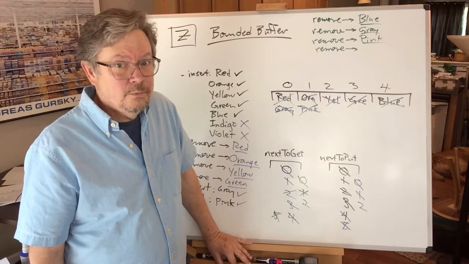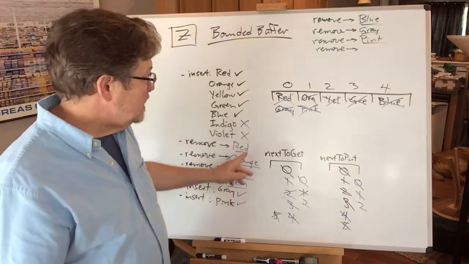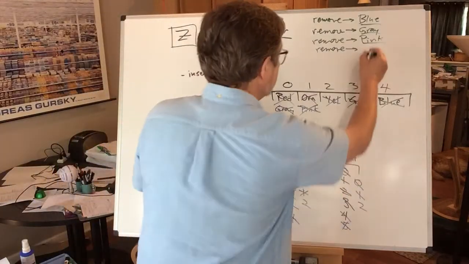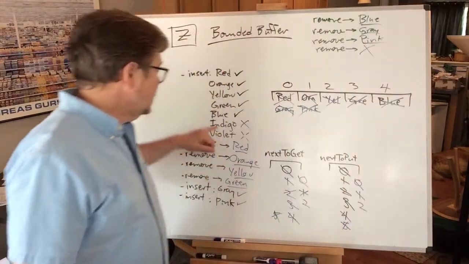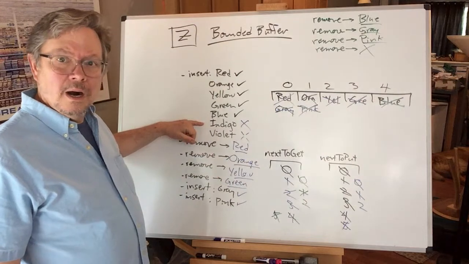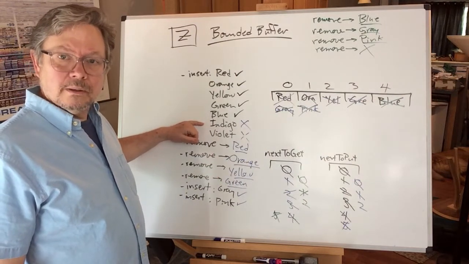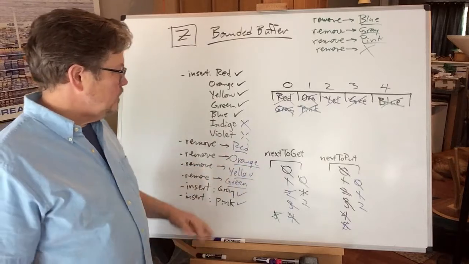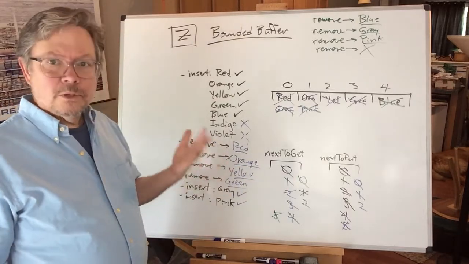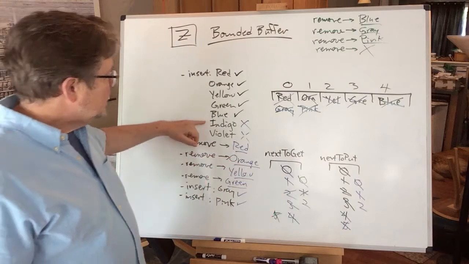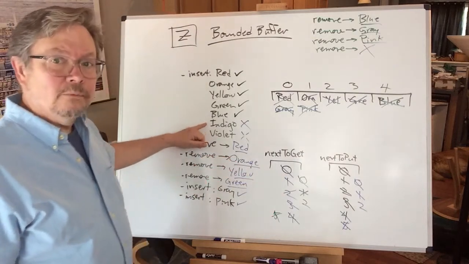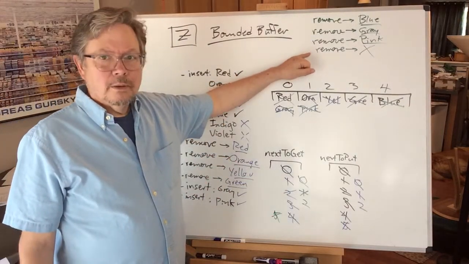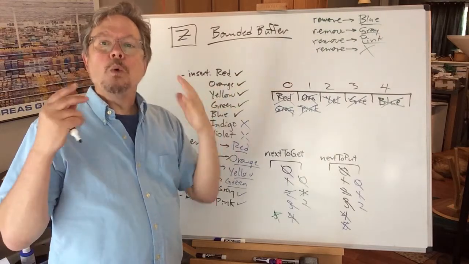Because it does make a difference. This means that the remove operation is going to fail. What it meant before, way up here, was that the insert operation failed. So it's not going to be a reliable test to see if those two things are equal to each other, to know whether the buffer is completely full or completely empty. Here, this failed because the buffer was completely full. Here, this failed because the buffer was completely empty. Oh, woe is us.